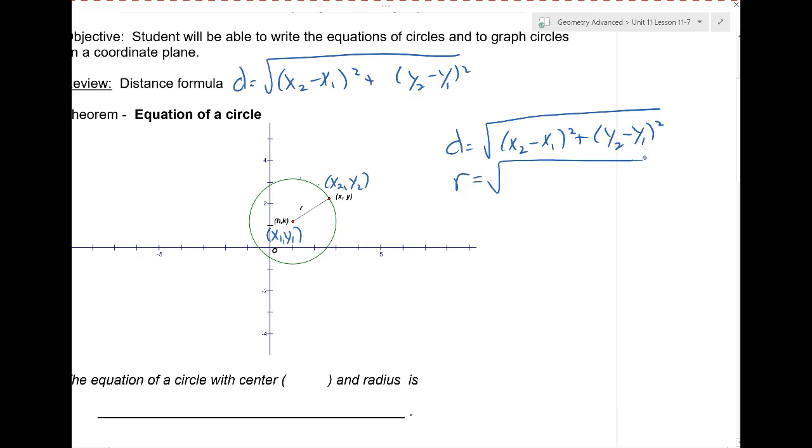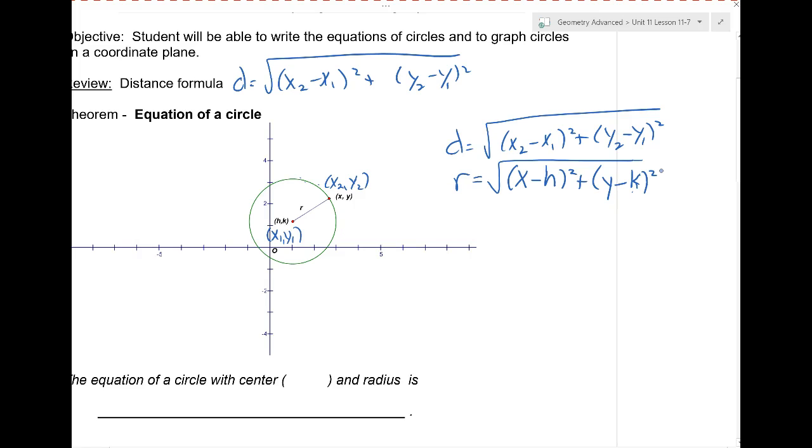What's going to be our x2? Well, our x2 is just x. Great. Our x1 is what letter? H. So that's being squared. And then I have a y2, which is y, minus y1, which is k, squared.